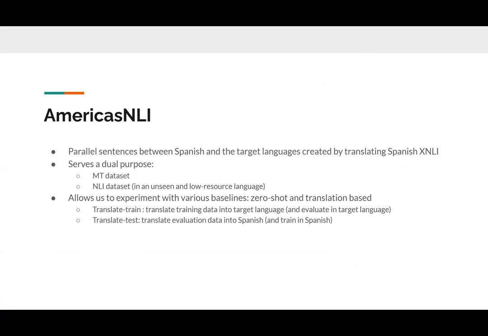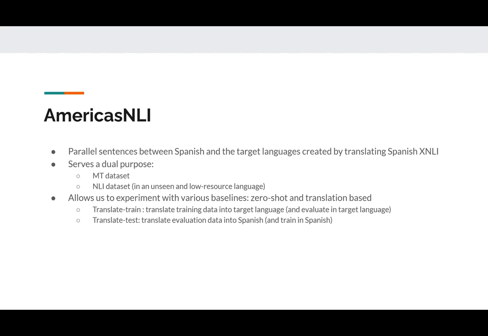The task was machine translation. We knew that there were no evaluation data sets for higher level tasks in these low resource and unseen languages. So the way we set it up was we took sentences from the Spanish cross-lingual natural language inference data set and translated them into the target language.